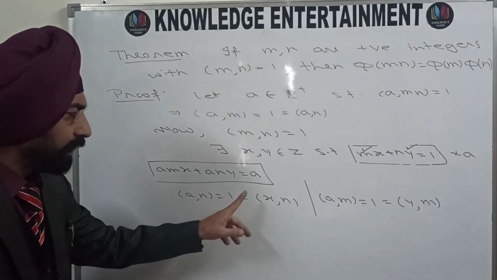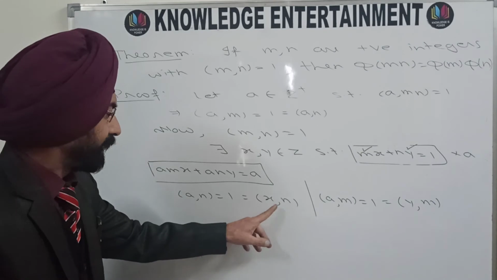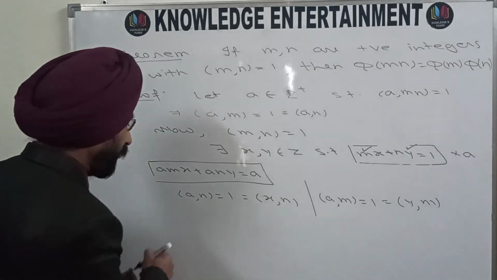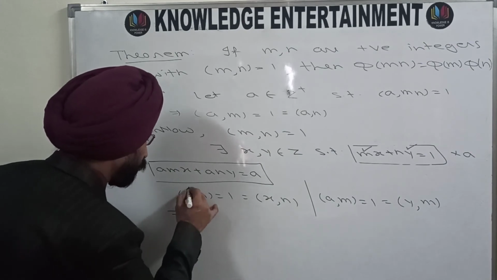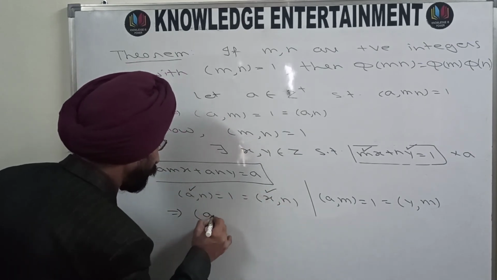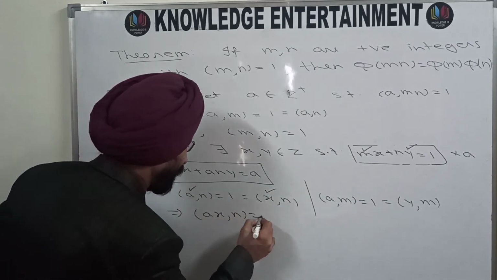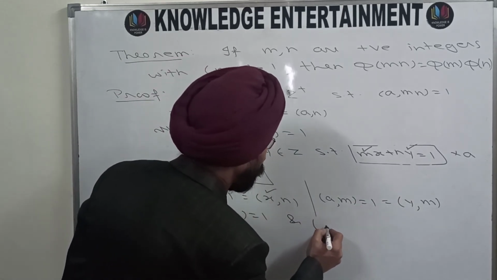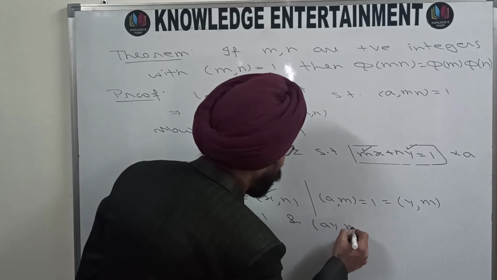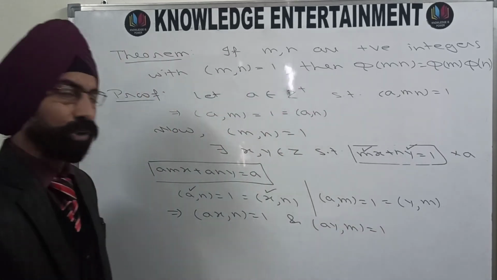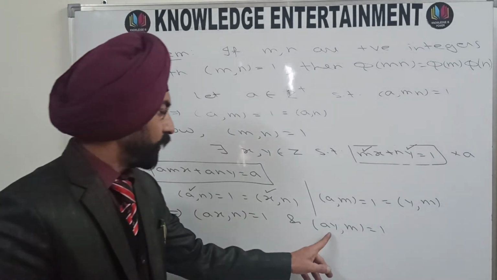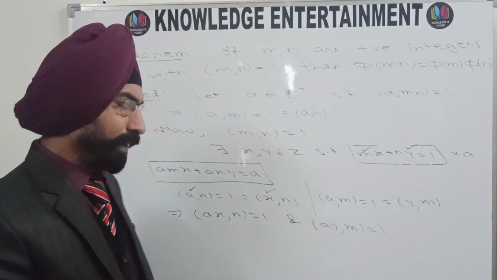GCD of a and n is 1, GCD of x and n is 1. That means the GCD of the product ax with n is 1, and similarly GCD of ay with m is also equal to 1.